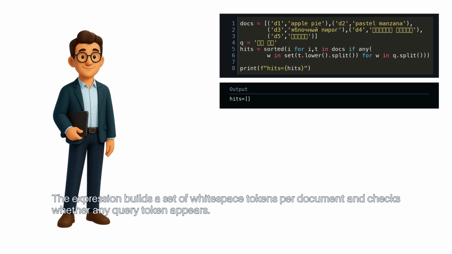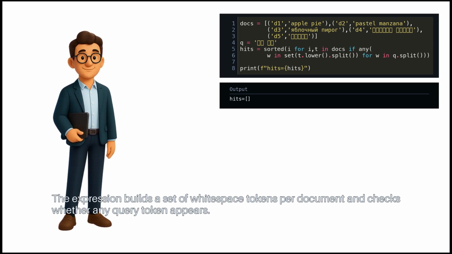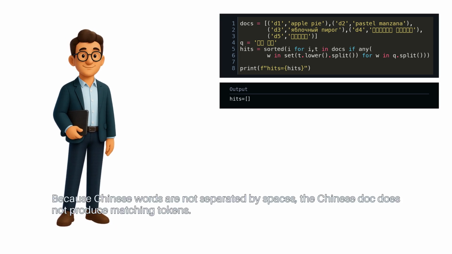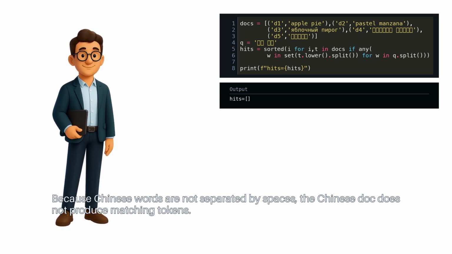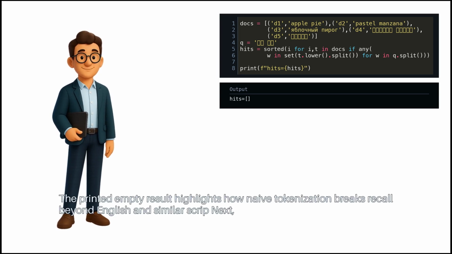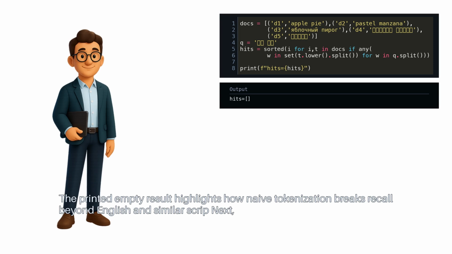The expression builds a set of whitespace tokens per document and checks whether any query token appears. Because Chinese words are not separated by spaces, the Chinese doc does not produce matching tokens. The printed empty result highlights how naive tokenization breaks recall beyond English and similar scripts.